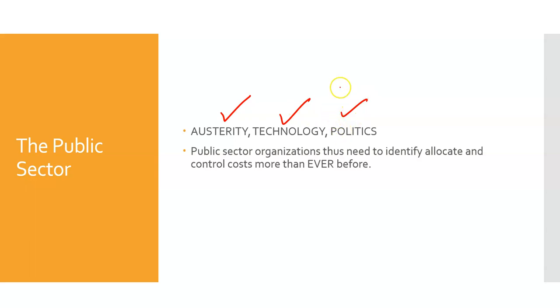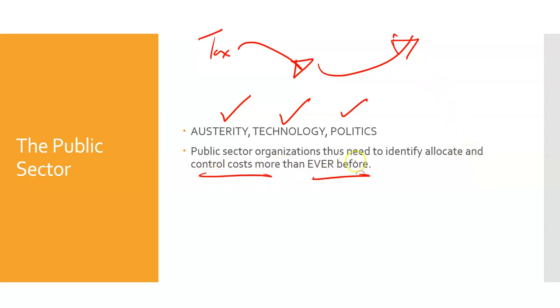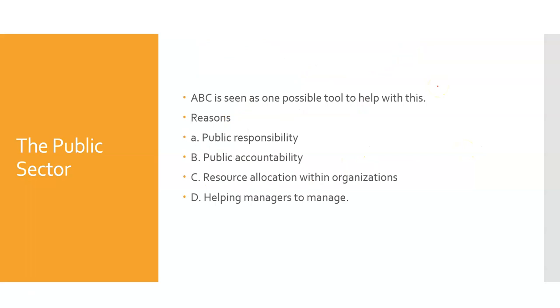They want to know what's going on with the money, because you have a scenario where taxpayers are putting money into a system but aren't necessarily the beneficiaries. There is growing sensitivity about people wanting to know exactly how this money is being allocated, controlled and spent, and a tendency to scrutinize how money is spent.